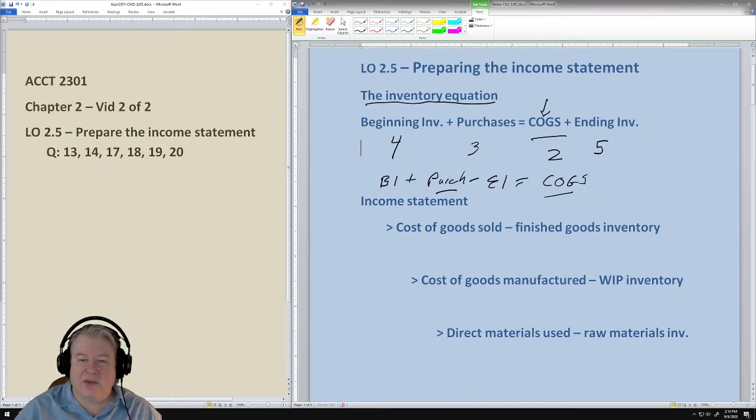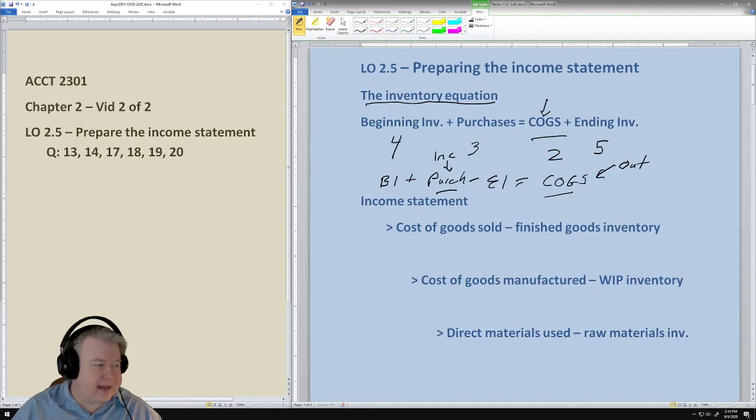We should think of this more as beginning inventory and ending inventory, which is relatively straightforward, but this should be stuff that is incoming into a process, and this will be things that are outgoing from the process. Cost of goods sold: things that are sold are leaving the inventory. Purchases are things coming into the inventory.